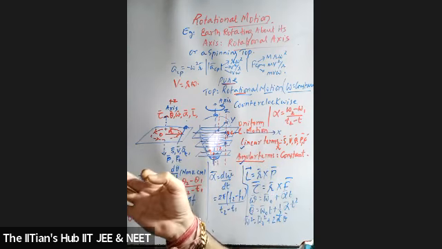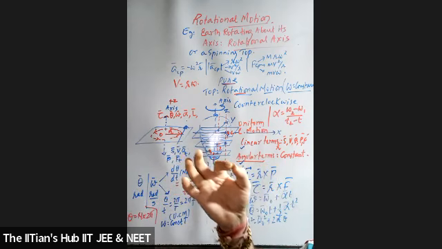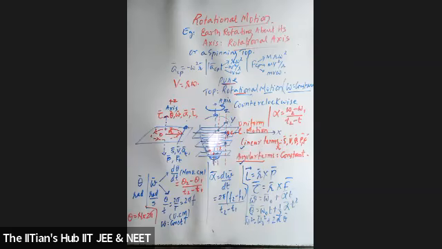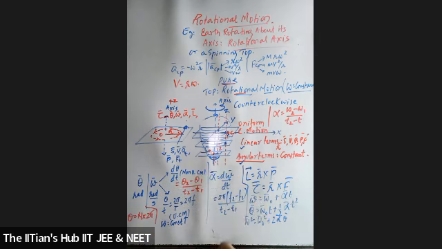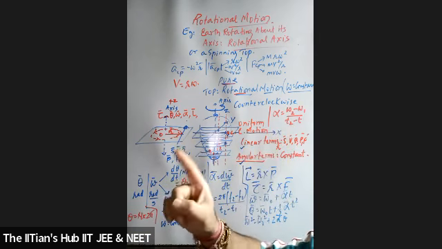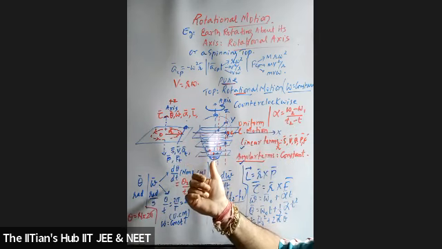If the motion is decelerated or retarded, your final angular velocity goes on decreasing, it's less than the initial. Students, the direction of alpha will be along negative z-axis.